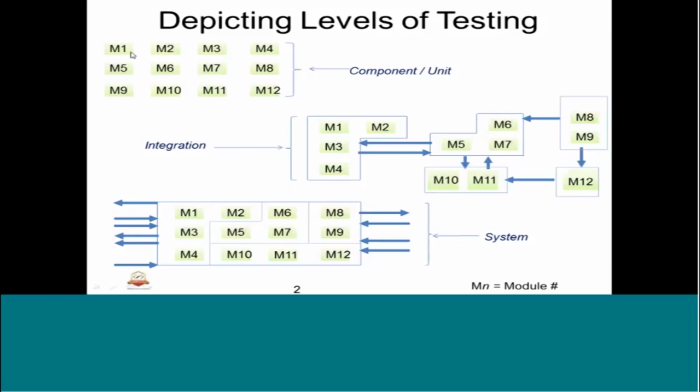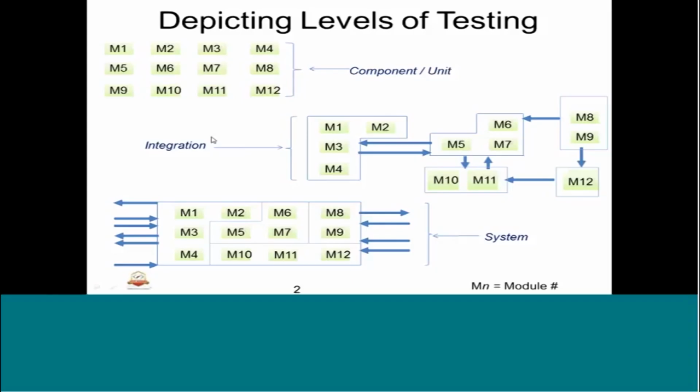Each unit has to be tested separately as a component, covering its interfaces, the inputs it takes, and the outputs it produces. Of course, there are subsystems which may have more subcomponents, like M4 may have M4.1, M4.2. You can combine those; it is up to the test strategy team how they want to define it. But in a nutshell, the basic modules we have identified will be used for component or unit testing.